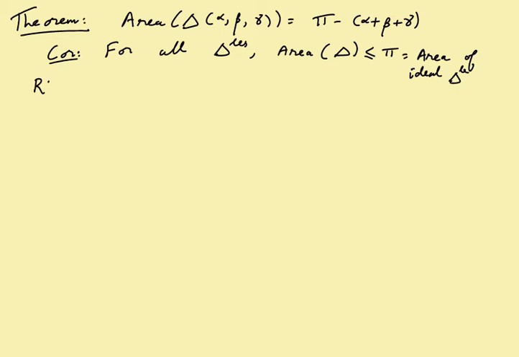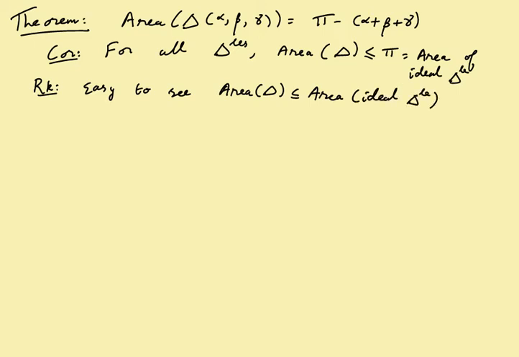So I'll just make a remark here. It is easy to see that the area of the triangle is less than or equal to the area of the ideal triangle. And we had already seen that there's a unique ideal triangle, so this is a well-defined quantity.